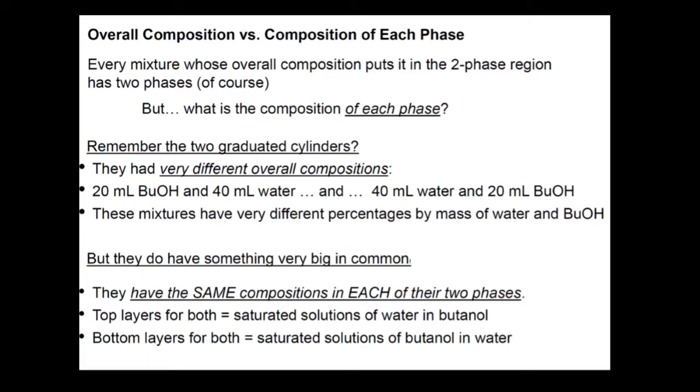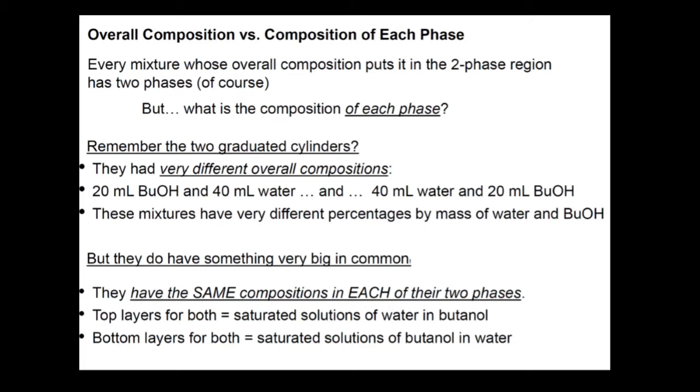Each of those 2 mixtures for trial 1 and trial 2 had very different overall compositions, very different percentages by mass of A, B, and C. However, they had something very big in common, and that is that they had the same compositions in their upper layers and the same compositions in their lower layers because they were both saturated solutions. Okay, so that part actually did address the composition of each phase.